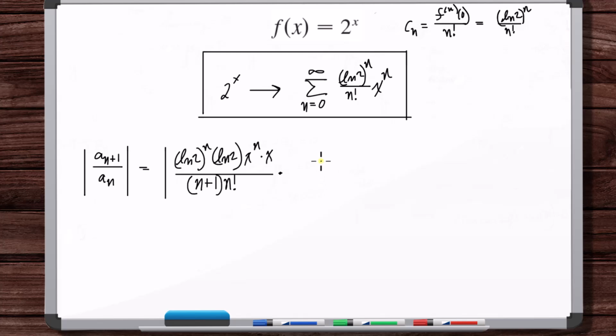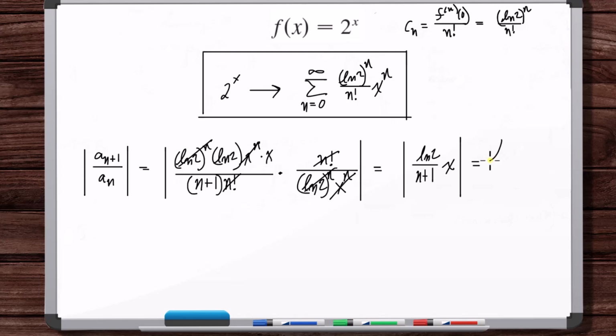So now we've got natural log of 2 to the n. So this is natural log of 2 over n plus 1. We can take out the natural log of 2 over n plus 1.